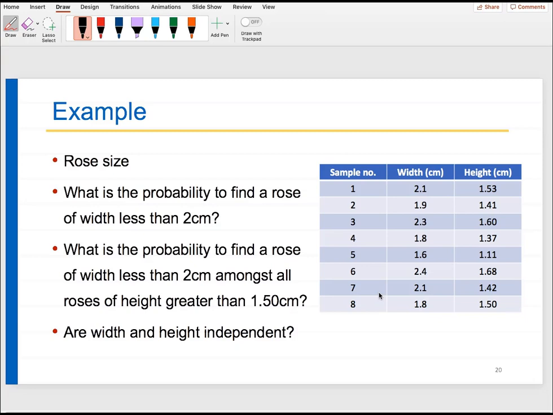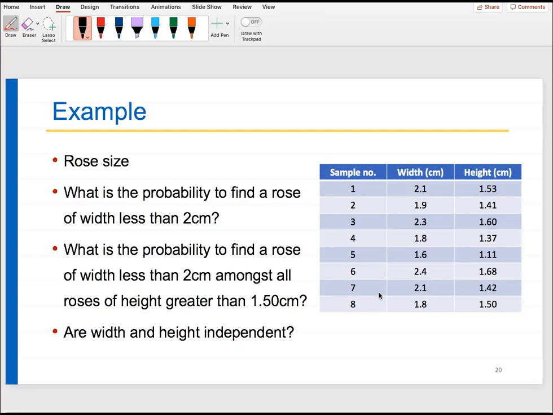What is the probability of finding a rose of width less than 2 centimeters? It's a slightly difficult problem. I can say, okay, I'll simply count the number of roses with a width less than 2 centimeters, and that will give me the probability, right?